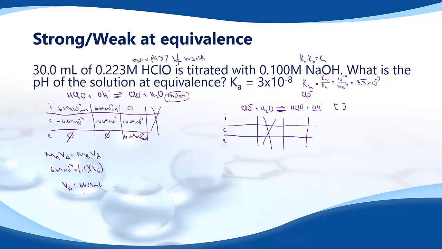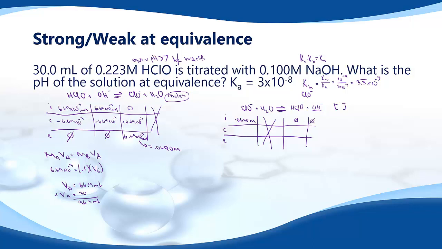All right, so that's the volume of the base we had to add. If we add to that the volume of the acid, which was 30, we're going to wind up with 96.9 milliliters as our total volume of solution. So this number of moles is going to give us a final molarity of 0.0690 molar.